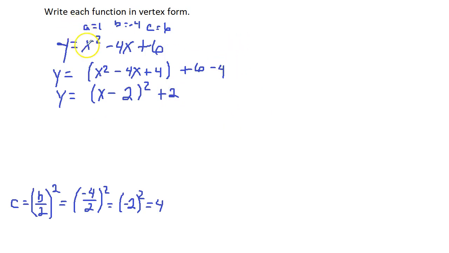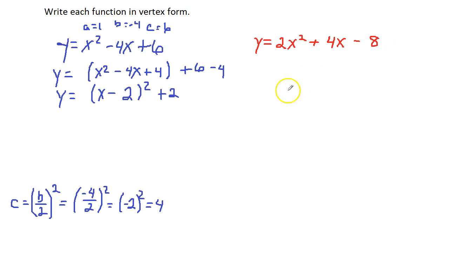Now, what if A is not a 1? We're going to do another problem where A is not 1. All right, so we're going to say y equals 2x squared plus 4x minus 8.